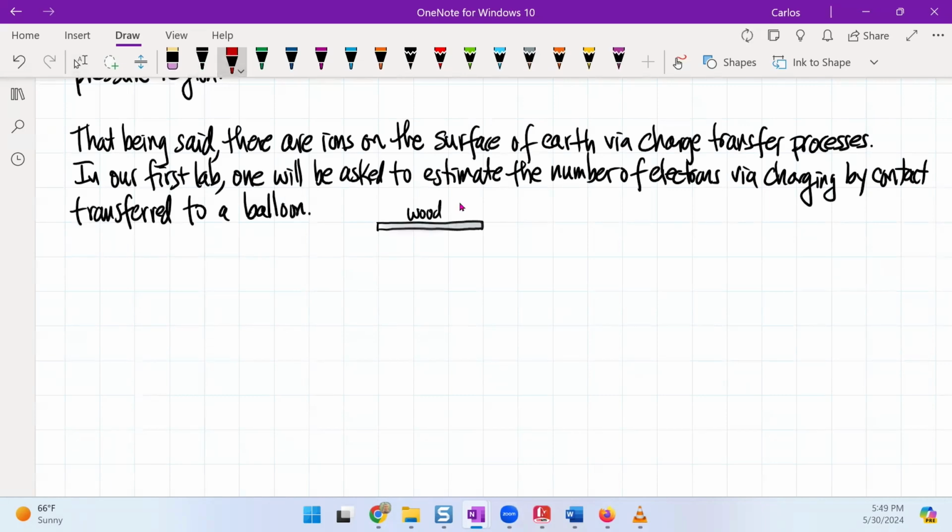We're going to have a balloon, a red balloon, let's say, and you're going to find out that there are electrons that have been transferred to a neutral balloon.